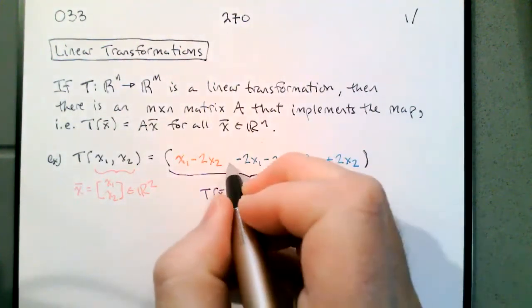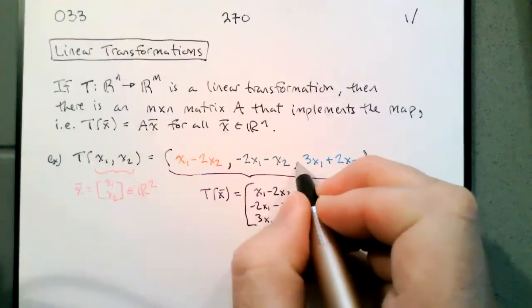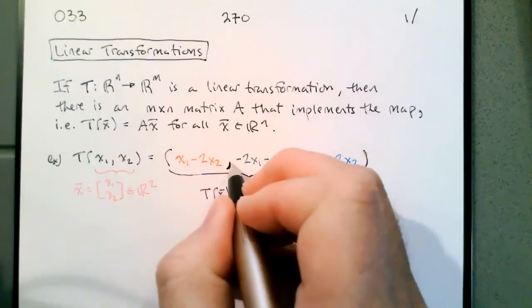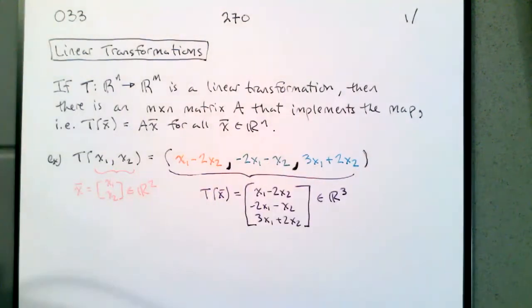So I wanted to put different colors, although it's a little hard to see. So I'm going to emphasize the commas. I think if you use a bold comma, you have to put extra dramatic pause, also known as a Shatner pause. x1 minus 2x2, minus 2x1 minus x2.